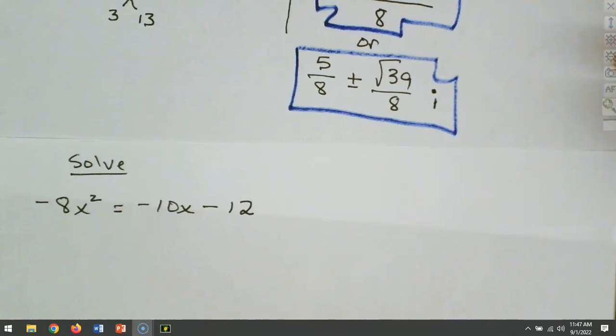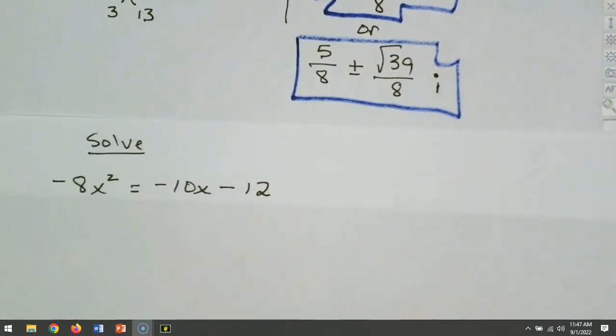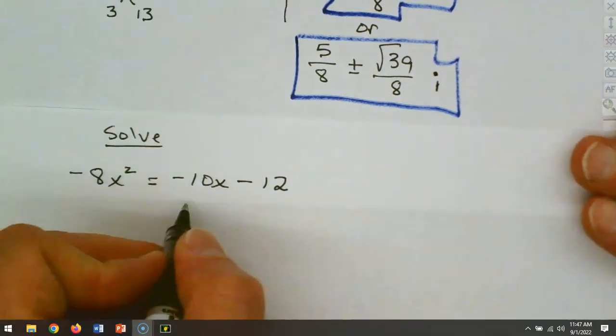So this is what we've got here. And again, we're going to solve it. We're going to be solving all of these using that quadratic formula. So what's our first step going to be? Just like with the zero factor, we set it equal to what? 0. So let's go ahead and do that.